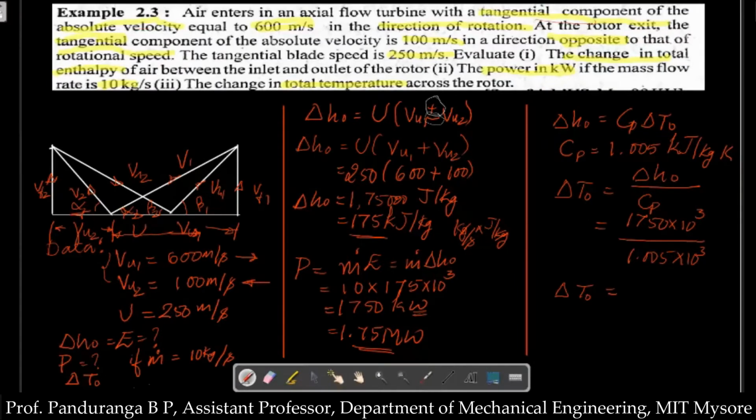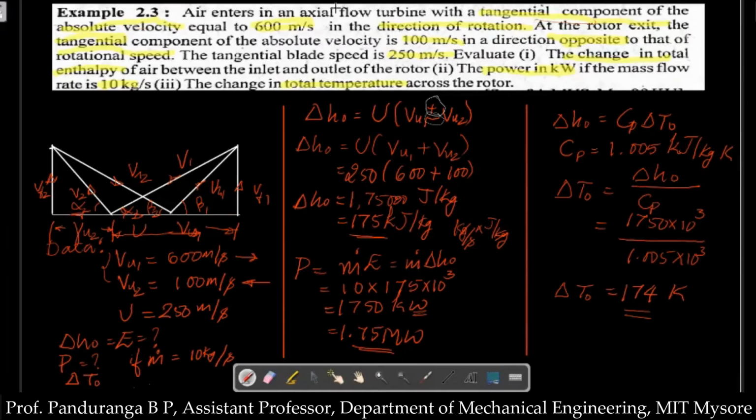It is 174 Kelvin. So this is the change in total temperature of the air, and since the temperature of the air reduces as it passes through the turbine, the temperature reduces by 174 Kelvin as the air passes through the turbine.